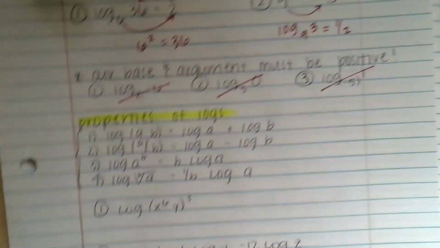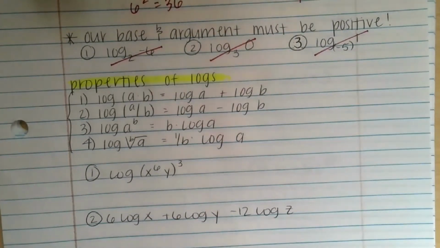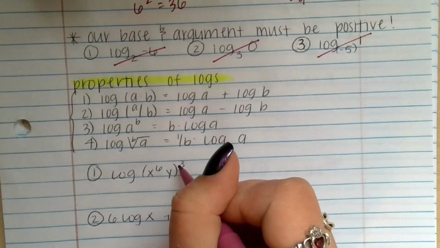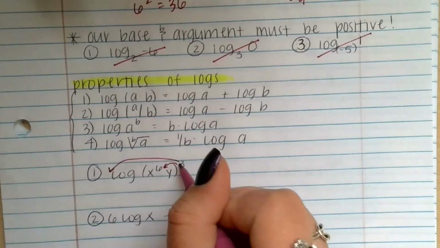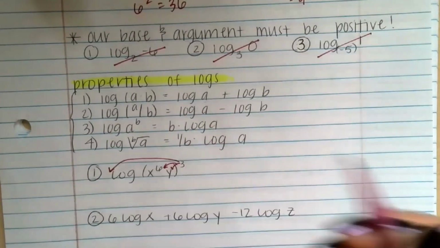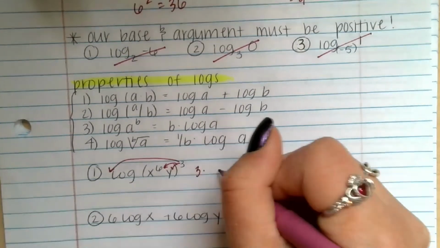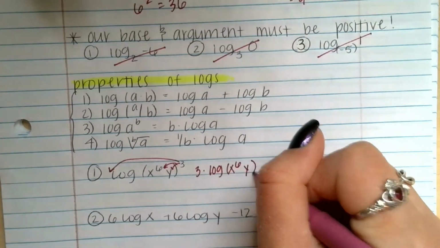Okay? So just 2 quick examples on that. This first one, we have our exponent, our 3. You can do this 2 ways. You can either bring the 3 to the front at the beginning, or you can distribute the 3 on the inside. I'll show both ways. So if you bring the 3 to the front at the beginning, that gives you 3 times log of x to the 6 y times y.